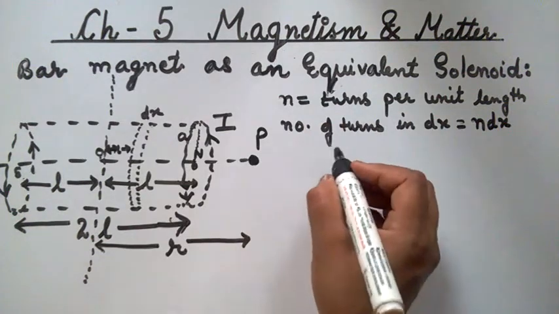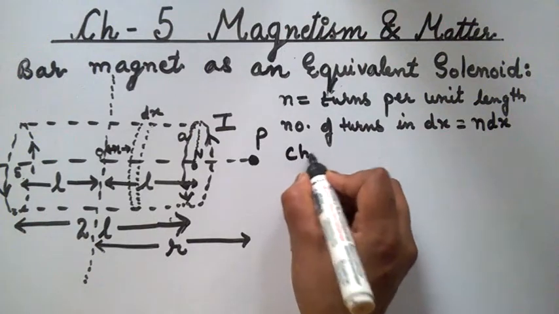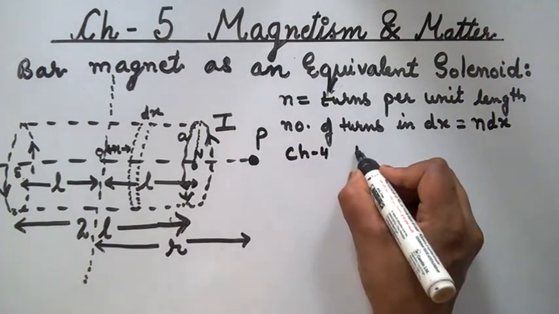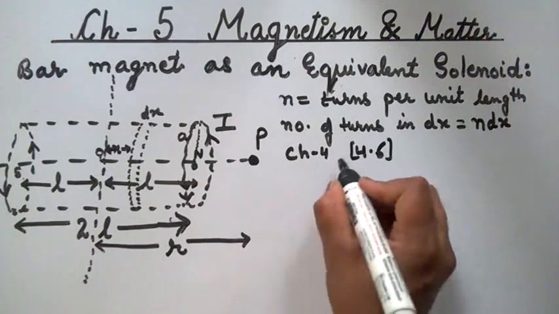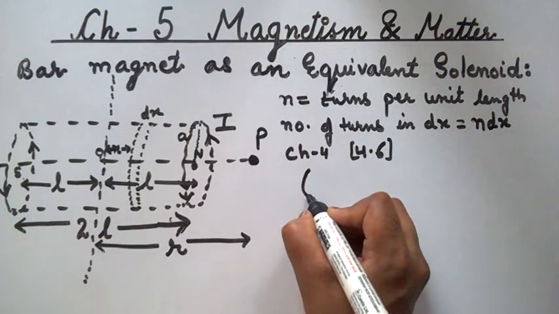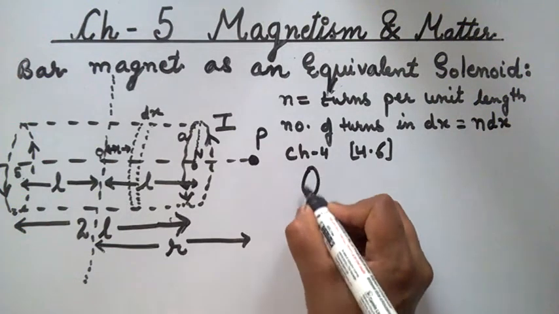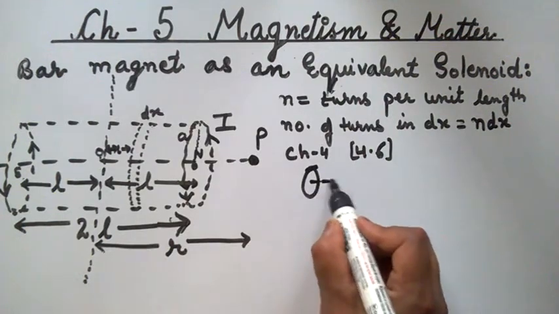And we have also studied in chapter 4, topic number 4.6, in which we found the value of magnetic field on the axis due to a current carrying circular loop and due to a small element.